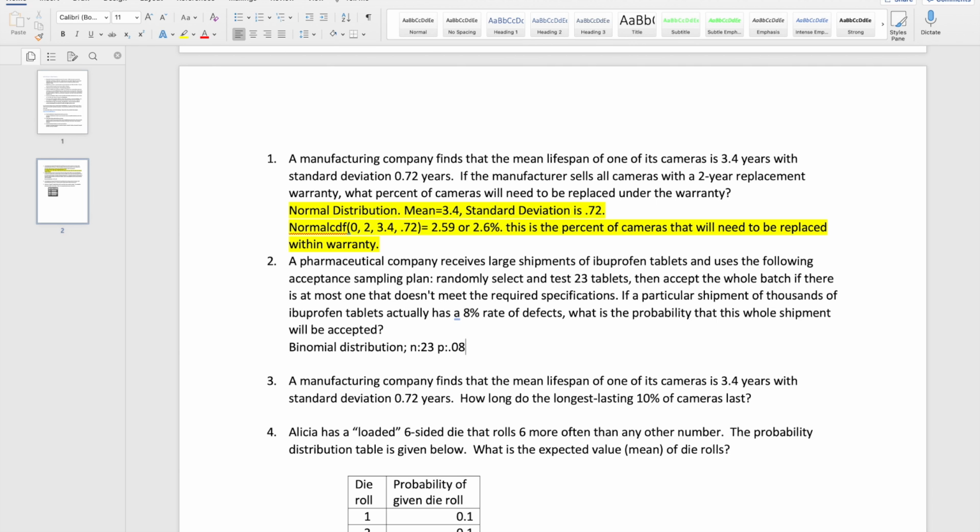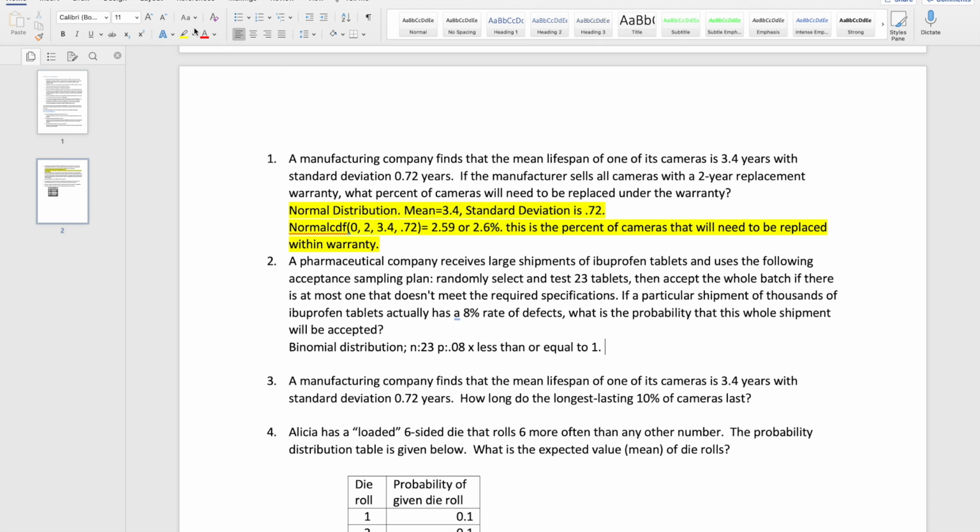Okay, so what they're trying to find out is, if a particular shipment, okay, so they will only accept if X is at most, less than or equal to 1.